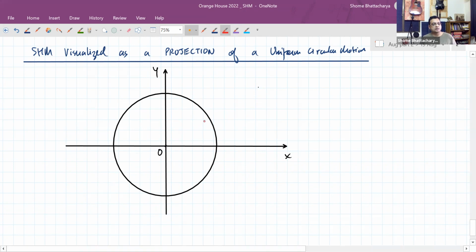Suppose we have a particle going around at a constant angular speed omega. So at any point of time, the position vector is like this.